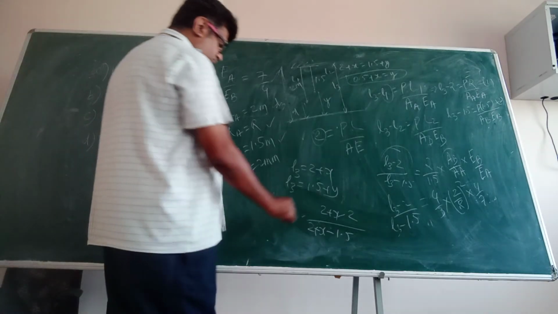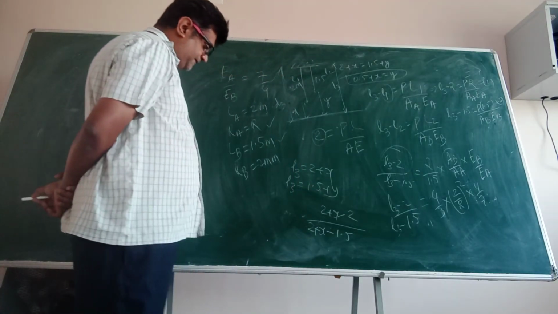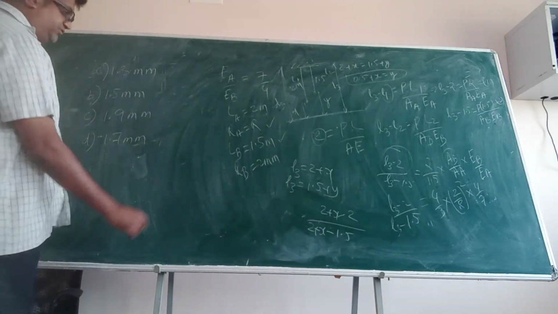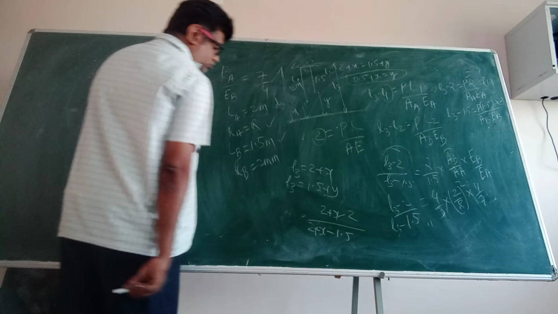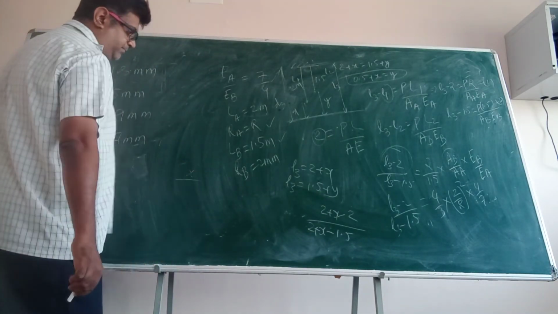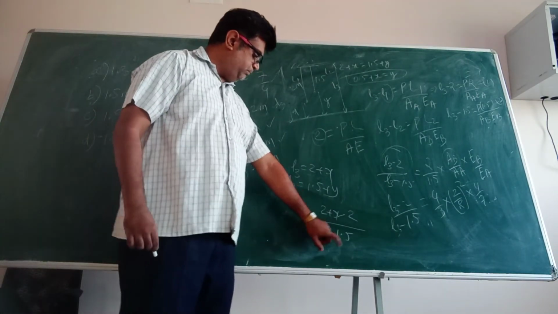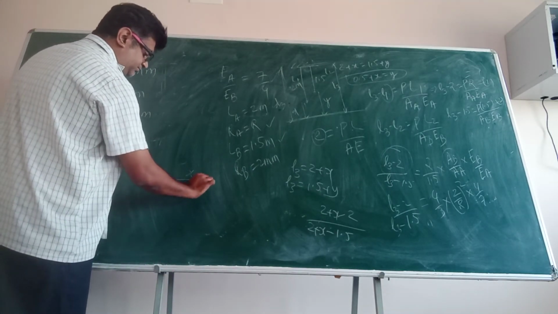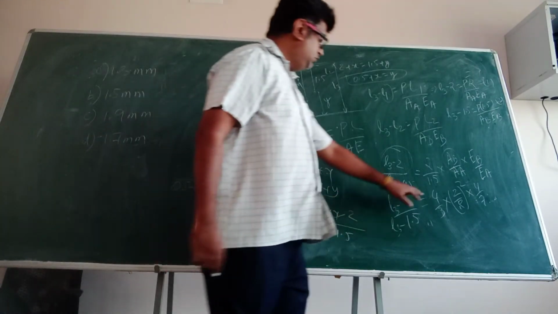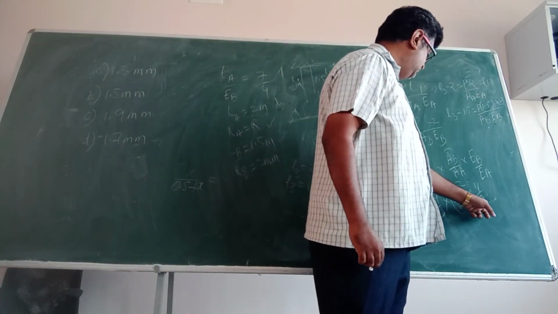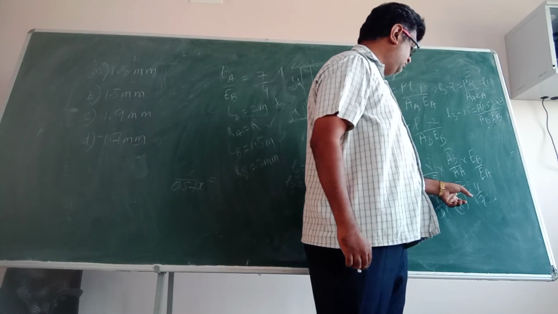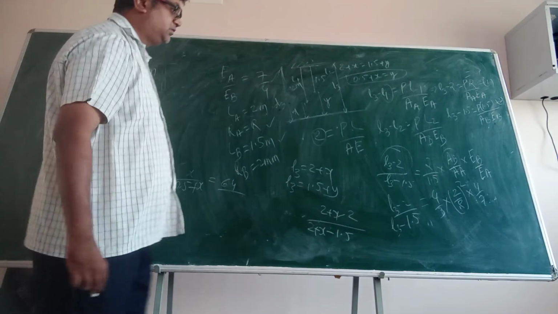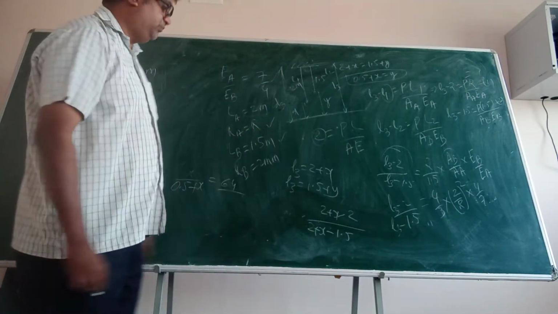So if you simplify this, okay, let me do it on the right side. 2 plus x minus 2, it becomes x divided by 2 minus 1.5, which is 0.5 plus x, is equal to, this is 4 into 4, 16, into another 4, 64. 64 by 3 into 7, 21, 21 r square.